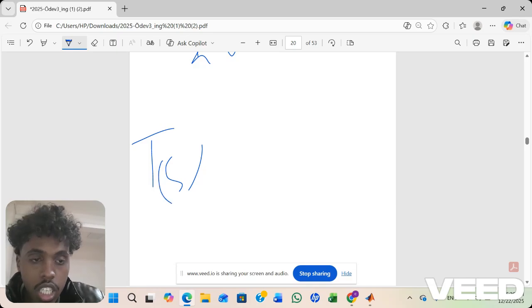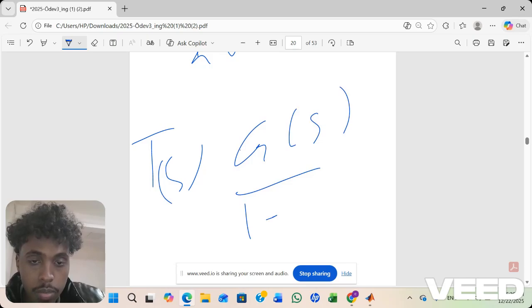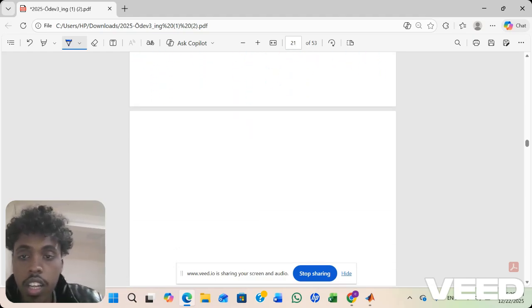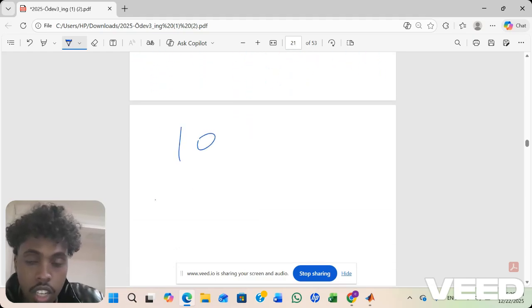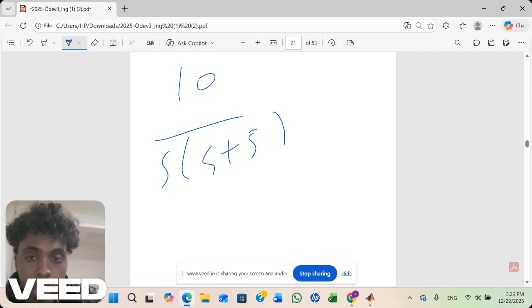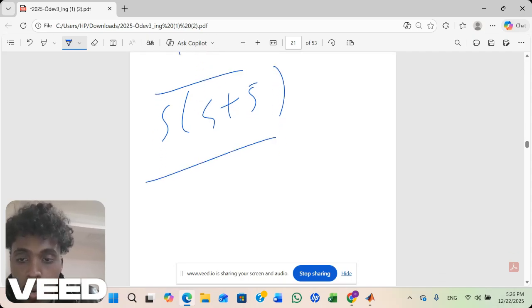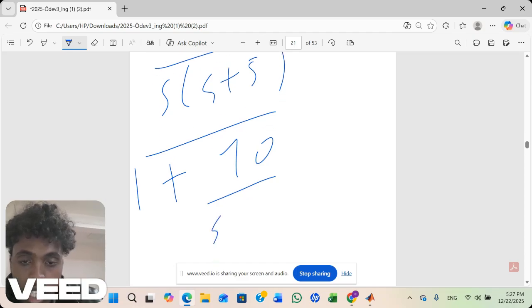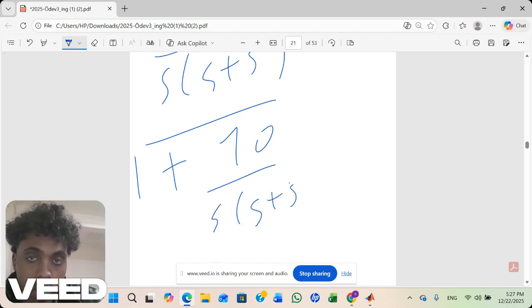So closed loop transfer function and characteristic equation. Closed loop TF T(s) is G(s) over 1 plus G(s). So for example, 10 over s plus 5, over 1 plus 10 over s plus 5.